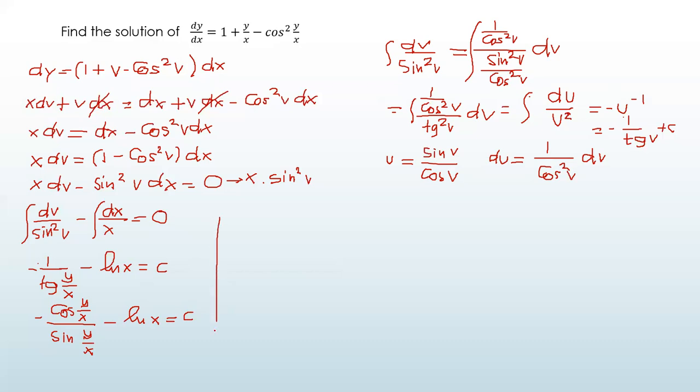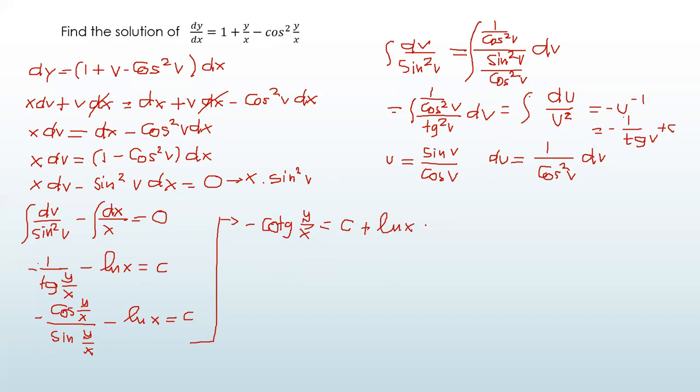Or we may write minus cotangent y over x equals this one, negative ln x plus c. Moving ln x to the right side, it becomes plus ln x.